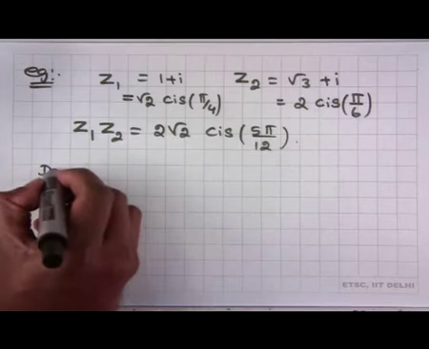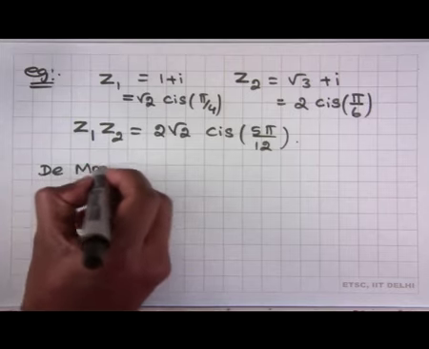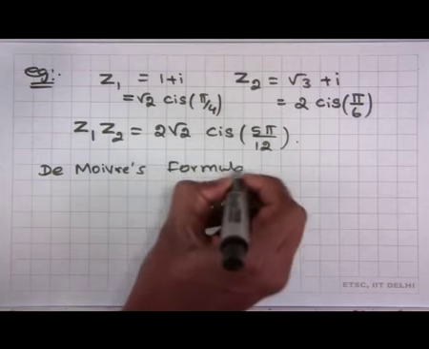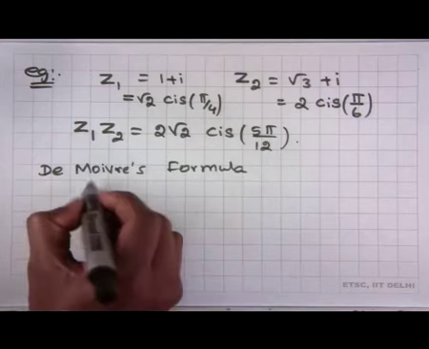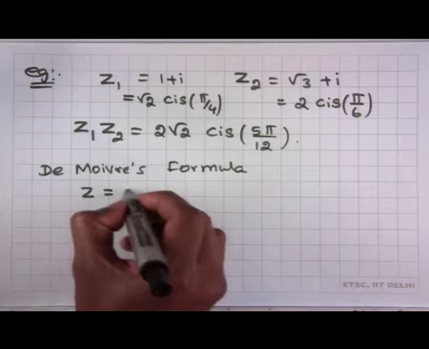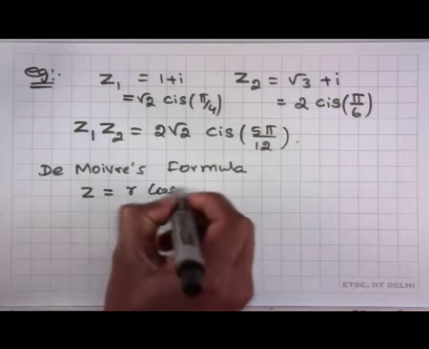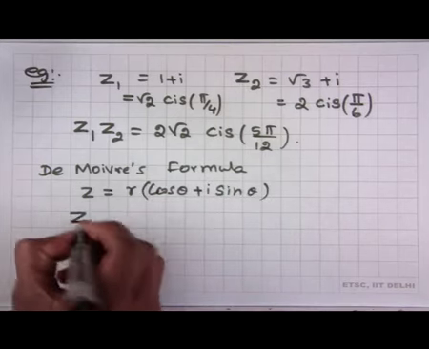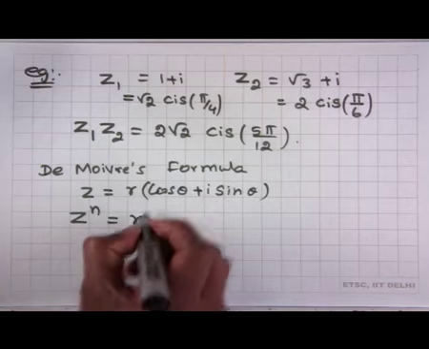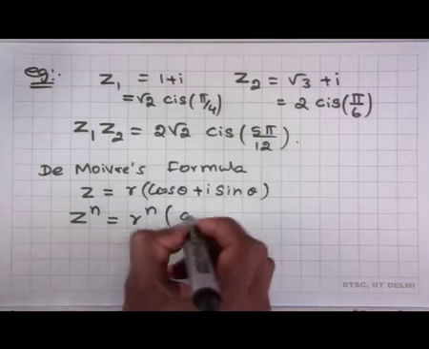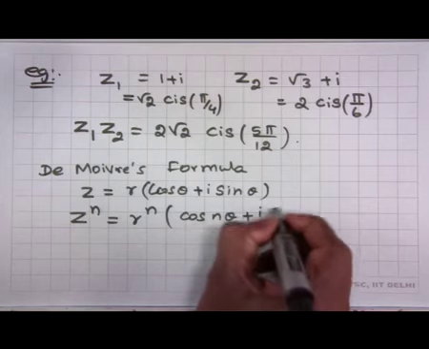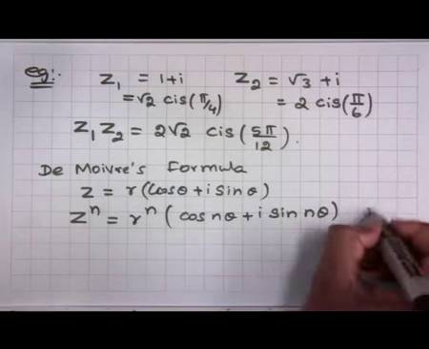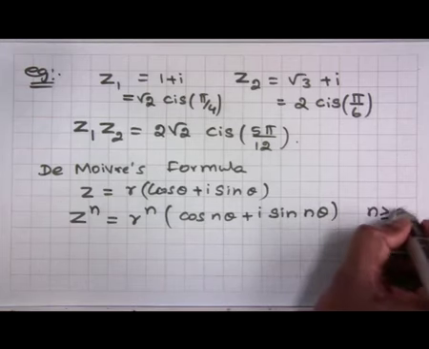De Moivre's formula states that if z is r times cos theta plus i sin theta, then z power n is simply r power n times cos n theta plus i sin n theta, for n greater than or equal to 1.